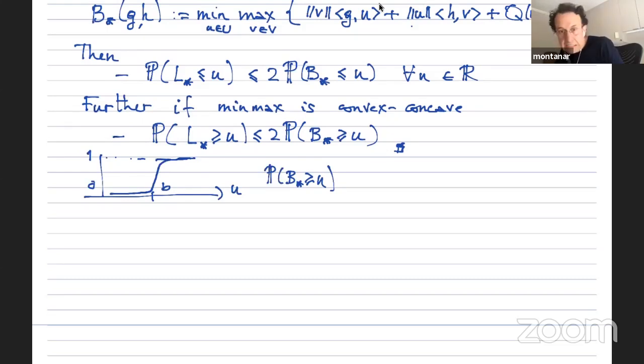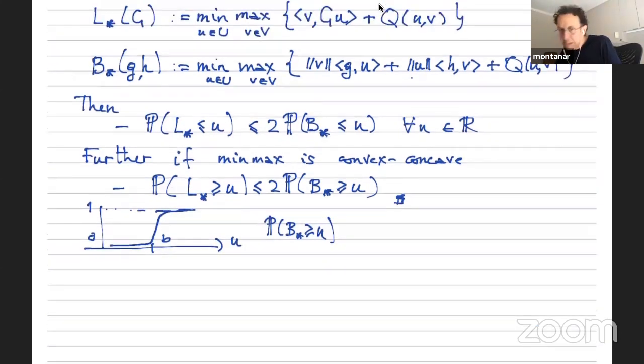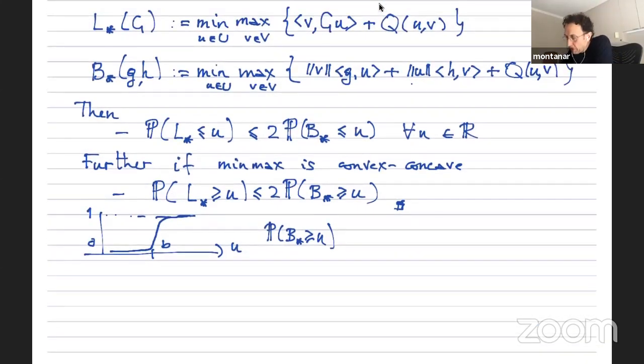Now, the interest of this is that if you look at these two optimization problems, the first has this Q(U, V) that is general, but depends on U and V. Also, even if Q(U, V) is simple, the bilinear part in V and U depends in a tricky way on U and V. Instead, the second optimization problem is much simpler because, if you treat the norm of V and the norm of U as constants, it becomes separable in U and V. So it amounts to optimizing each coordinate of U and each coordinate of V separately.